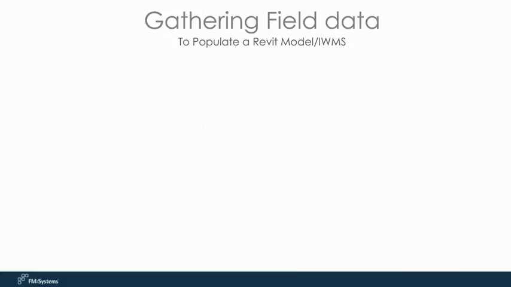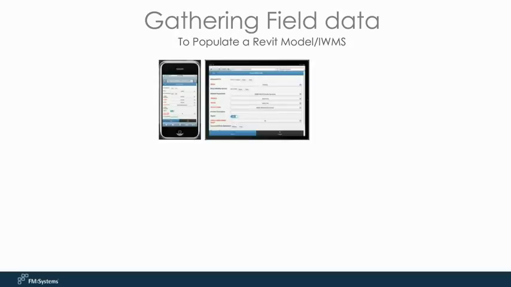All right, so the ability to gather field data to populate a model and IWMS. At the top, we've got a couple of different solutions here. On the left, we've got an iPhone. This could be an Android phone as well. We've also got a mobile device, such as a tablet.